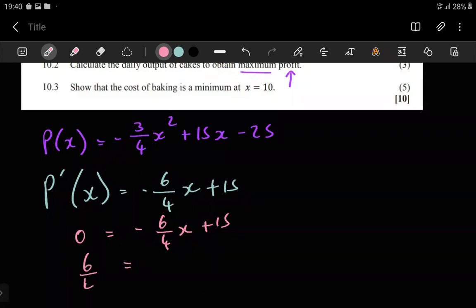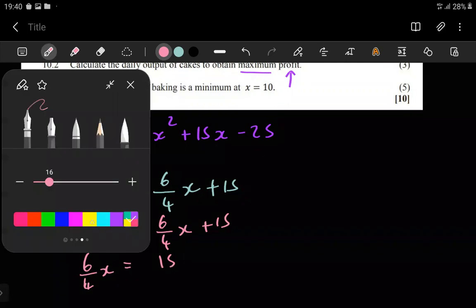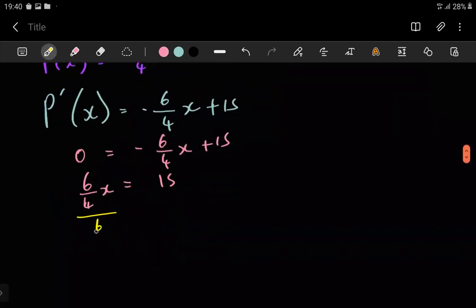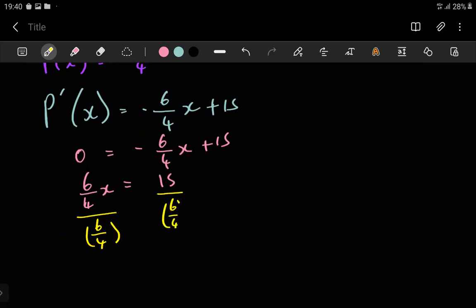This can go to the other side, and then you divide by 6 over 4 on both sides, like that, you see. So with that being said, here you're going to have x, and then what? So here you can have this over this, 15 over this number here.